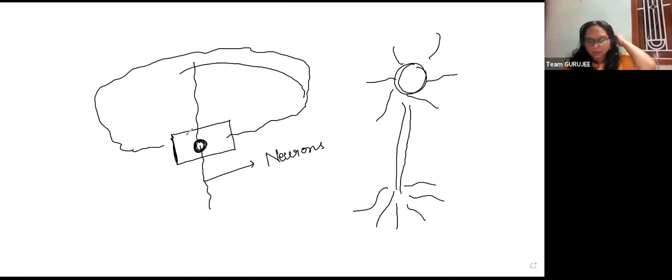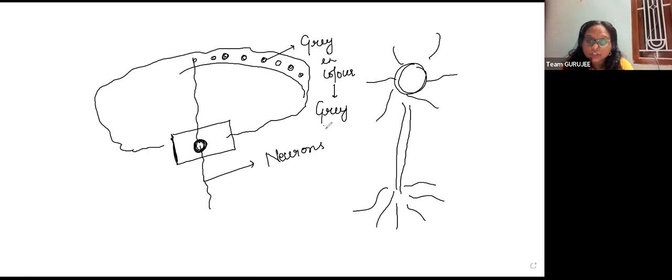Now, when you see the cerebrum under the microscope, you can see that the top part of the cerebrum is completely gray in color. So that's why it is called the gray matter.